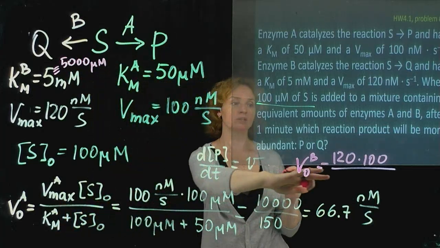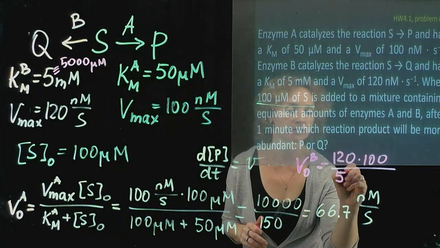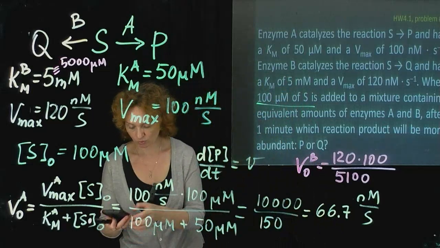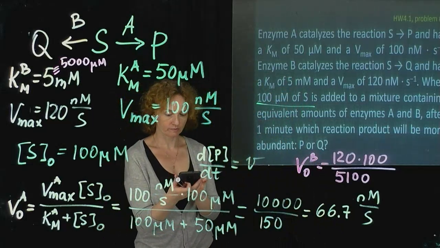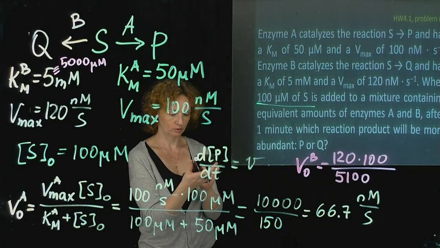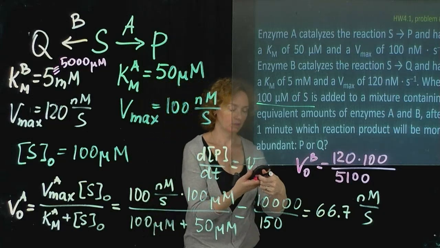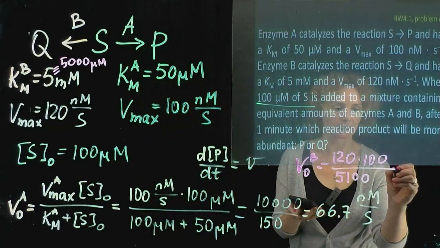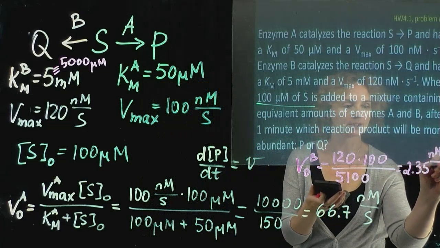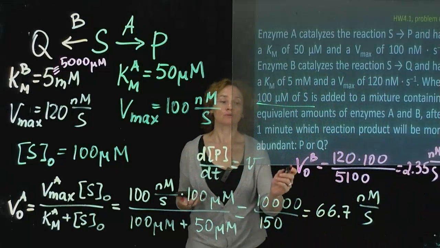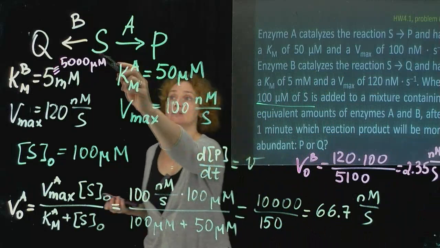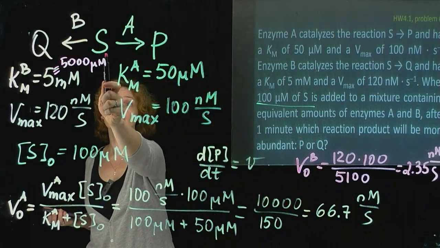So here in my denominator, I will have 5,100 micromolar. And so this value will be equal to 2.35 nanomolar over seconds.